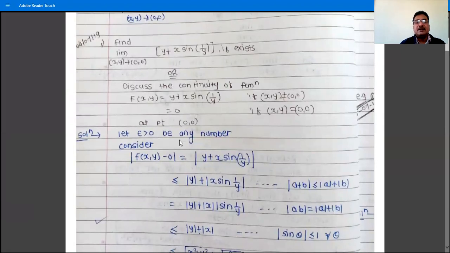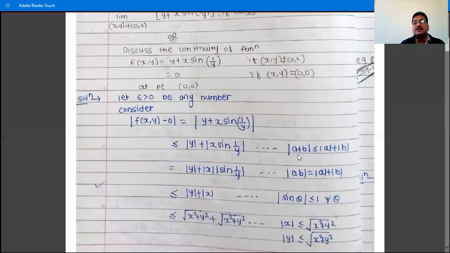So let epsilon be greater than 0 be any number, and then consider mod f(x,y) minus 0. By using that definition, L is 0, capital L is 0. So consider mod f(x,y) minus 0 is equal to mod f(x,y). f(x,y) is this, y plus x sin 1 by y, and then separate the mod by using the triangle inequality: mod a plus b is less than or equal to mod a plus mod b.